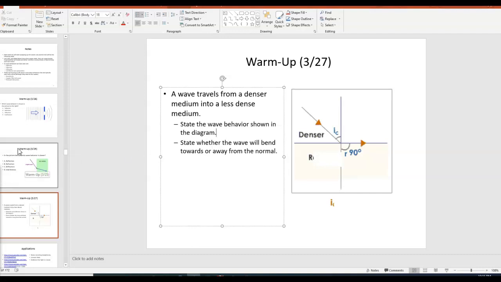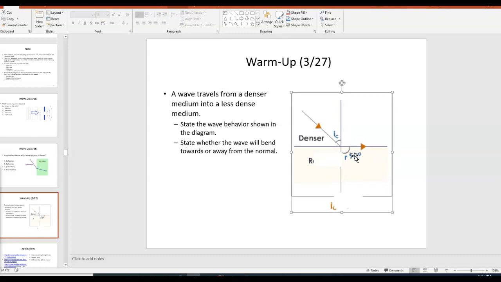Okay, so remember that whenever a wave travels from a denser medium into a less dense medium, it always bends away from the normal. In other words, the wave should be closer to whichever side has more density. And so basically the wave should probably bend something like this.